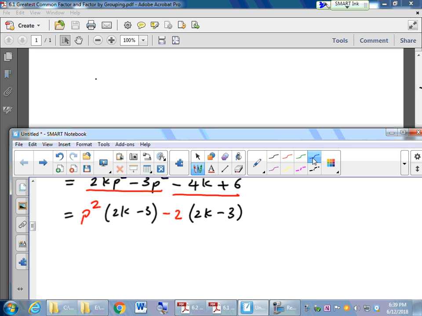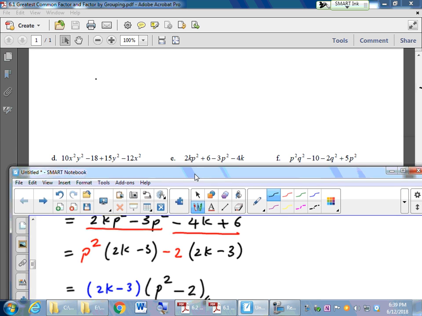So I can see the binomial common factor, which is 2k minus 3. We factor it out, and the leftover from the first term will be p squared and from the second term 2, and that will be my final answer.